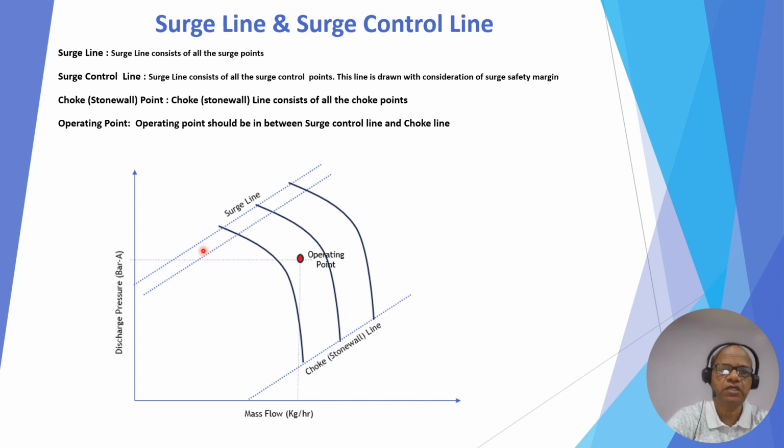So this is the surge control line, and this is the surge line. Similarly, all the points connected at the choke point or stone wall point are called the stone wall line or choke line. And this is the operating point. The operating point should lie in between the surge control line and the choke line.